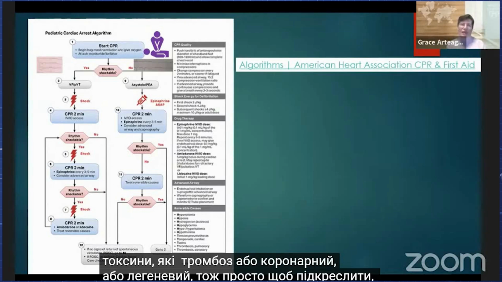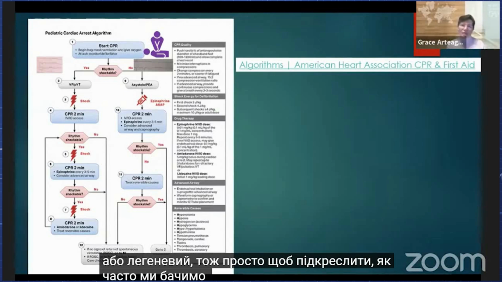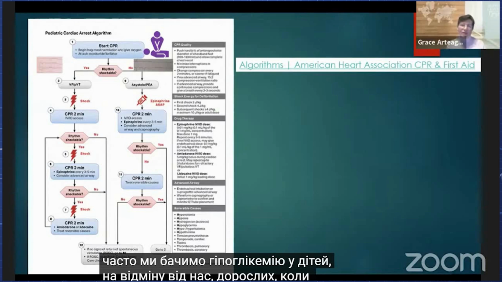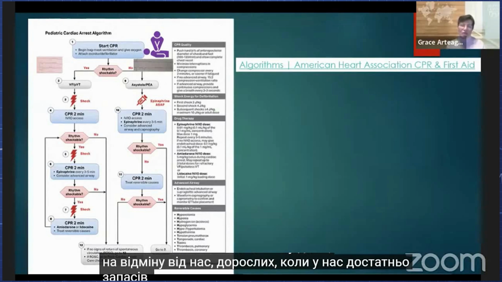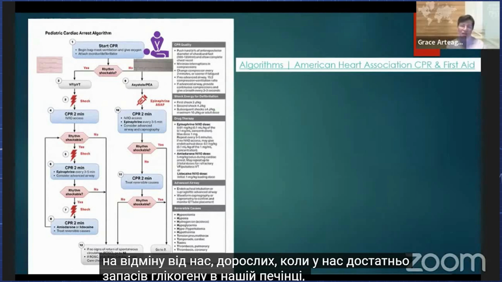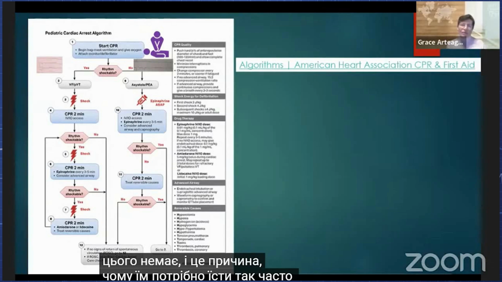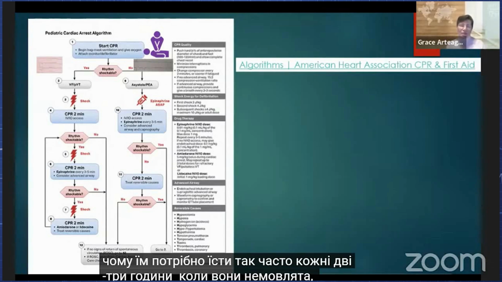So just to emphasize how often we see hypoglycemia in children, unlike us adults where we have enough glycogen storage in our liver, children do not have that. And that's the reason why they need to eat so often, every 2 or 3 hours when they are babies.